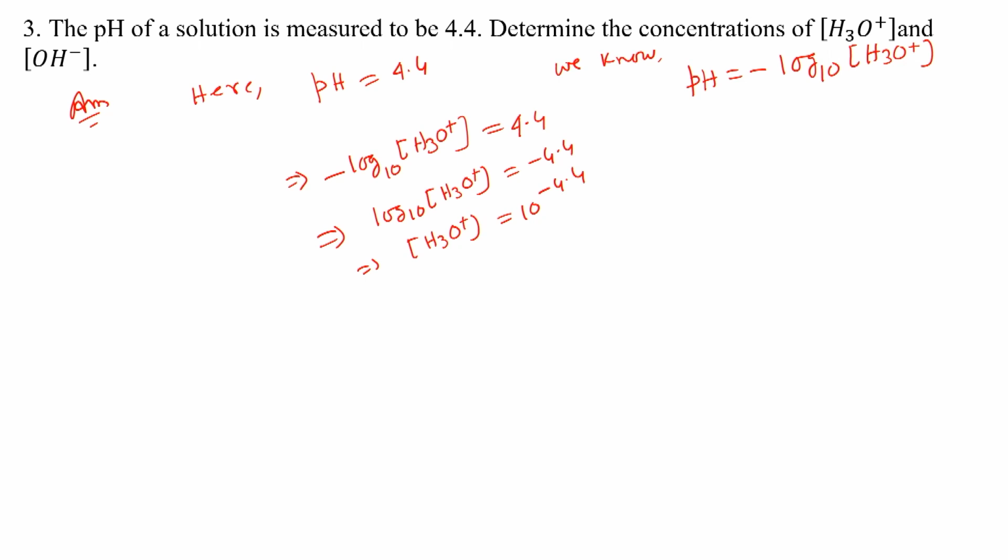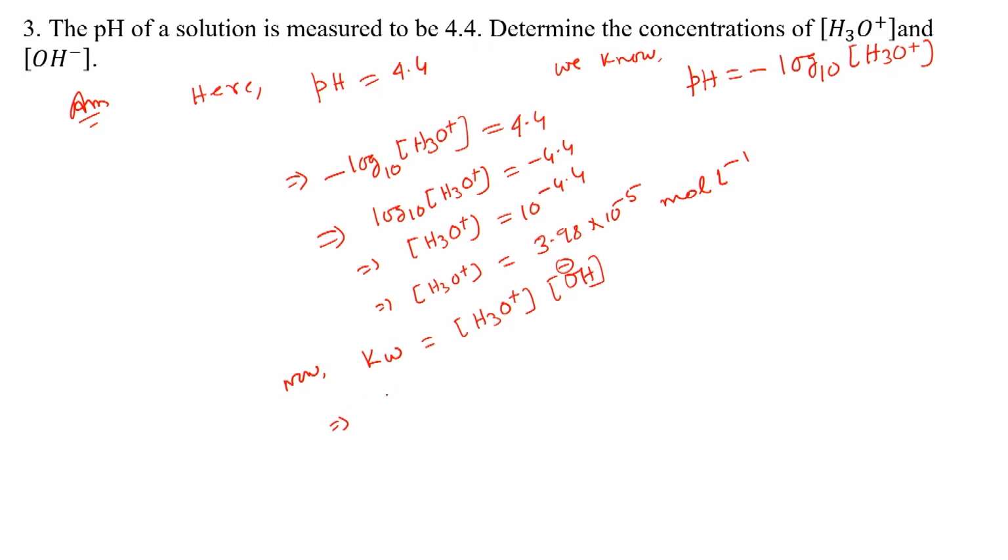So if we further simplify this one, we get basically concentration of H3O plus is 3.98 times 10 to the minus 5 moles per liter. Now we know Kw is concentration of H3O plus times concentration of OH minus, right?